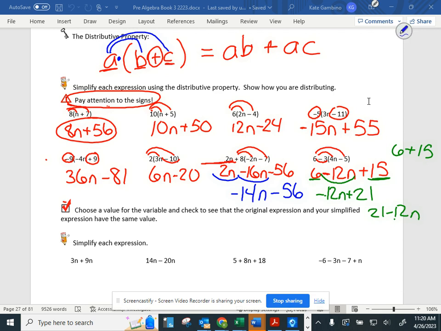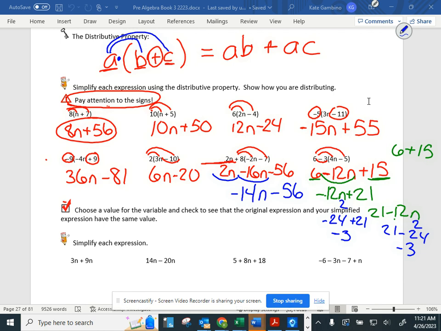So if I put a 2 in for n, let's see if we get the same answer. Negative 12 times 2 is negative 24 plus 21. Negative 24 plus 21 is a negative 3, right? So let's see over here, we would have 21 minus 24. 21 minus 24 is a negative 3.